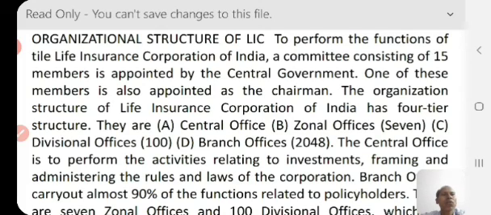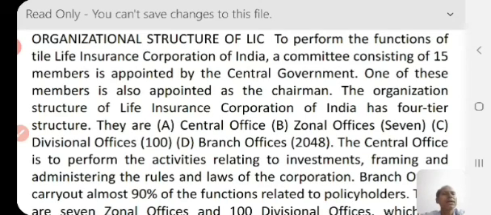The four tiers are central office, zonal offices, of which there are 7, divisional offices, of which there are 100, and branch offices, of which there are more than 2000. So it has a four-tier structure.